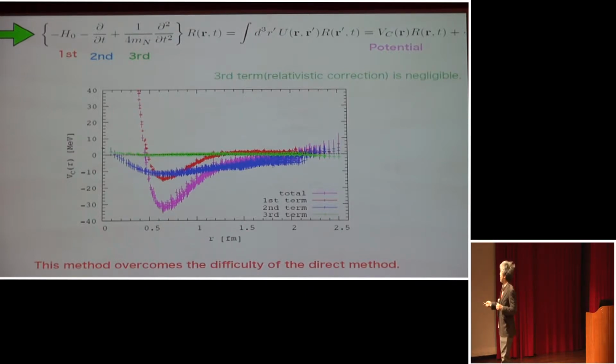The third term comes from the relativistic dispersion relation, therefore it's a relativistic correction, but in this situation it's very small, almost negligible. And we finally obtain a potential of this shape. This is the distance between two nucleons, and this is the potential energy in MeV. So this is our strategy and some typical result.